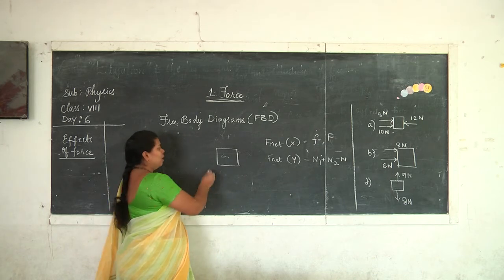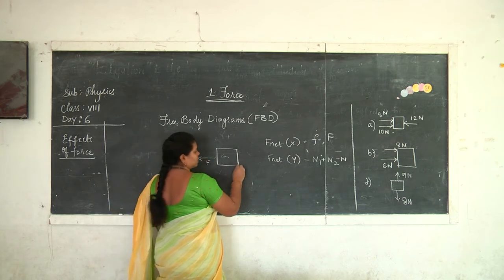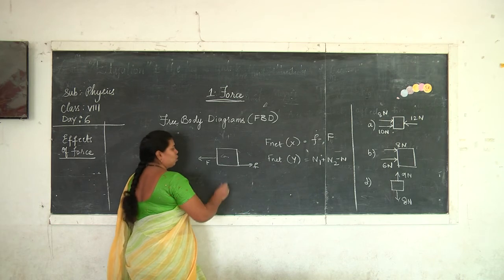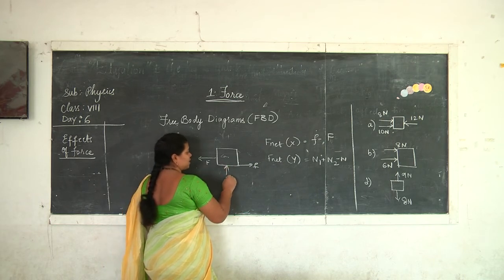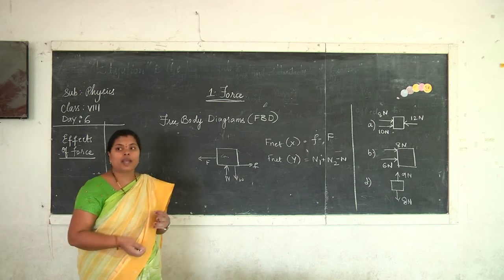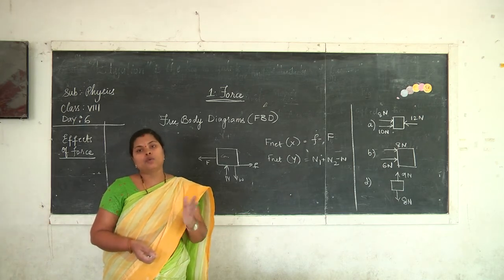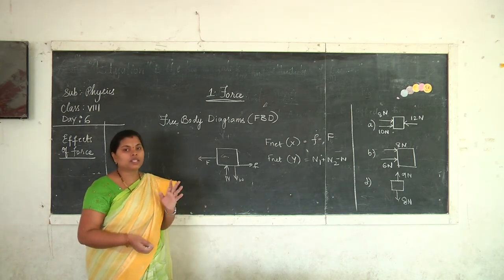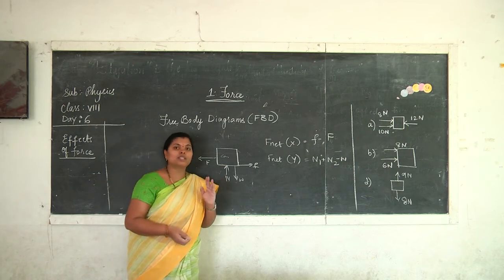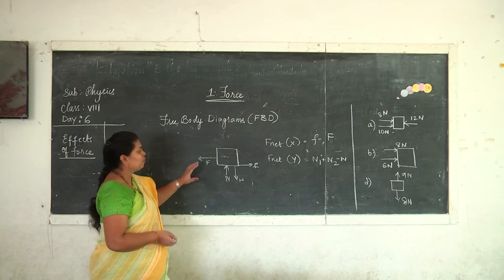For example, my upright force is acting in this direction, frictional force is acting in this direction, normal forces are acting like this, and its weight is acting downwards. Here in this free body diagram, I need to show only the forces acting in horizontal direction and in vertical direction, but the shape, size and color of the object are not necessary.